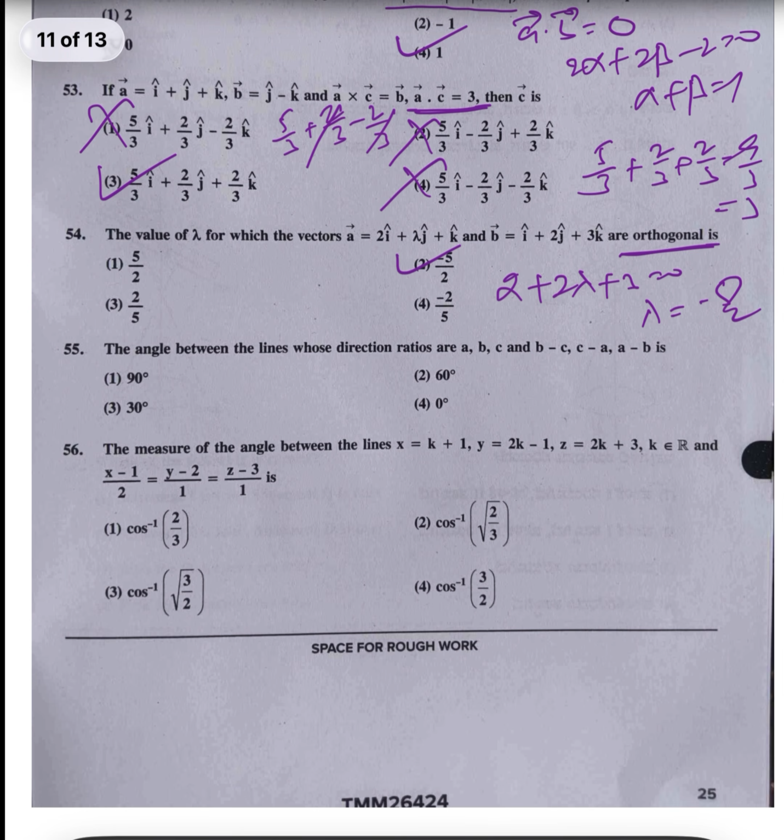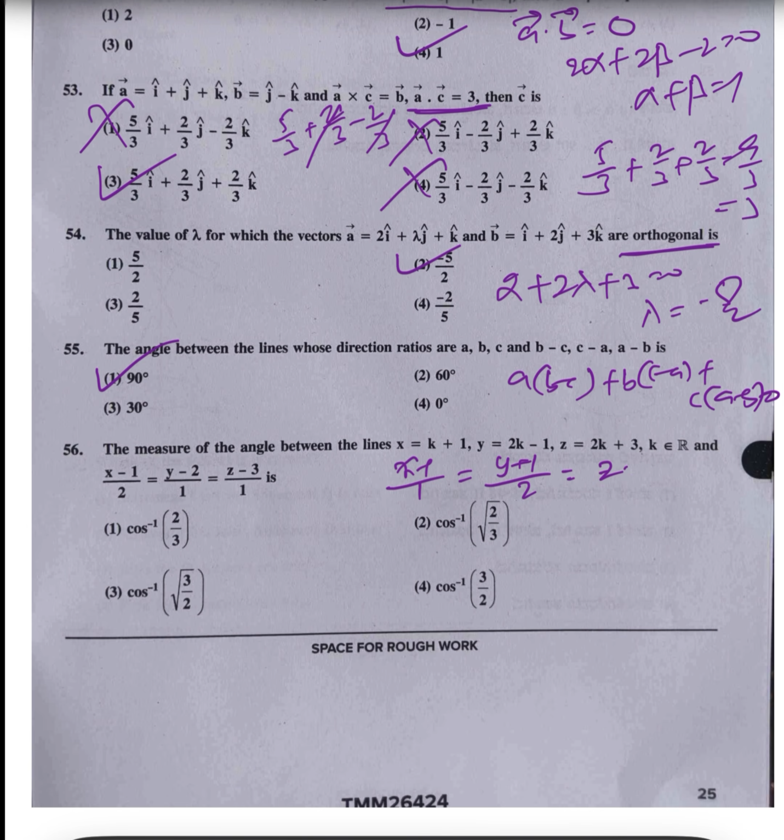Angle between the lines whose direction ratios, if you do a1 a2 plus b1 b2 plus c1 c2, will get 0. So if a1 a2 plus b1 b2 plus c1 c2 equals 0, then the angle between them is 90. Now here it is x minus 1 equals y plus 1 by 2 equals z minus 3 by 2 equals k, the first one.